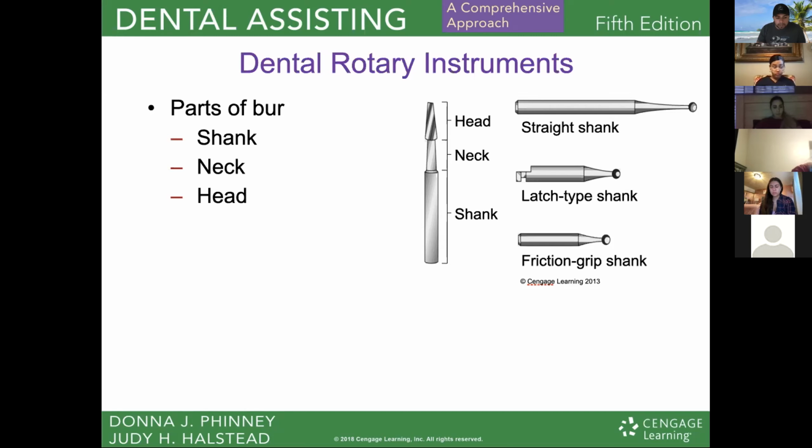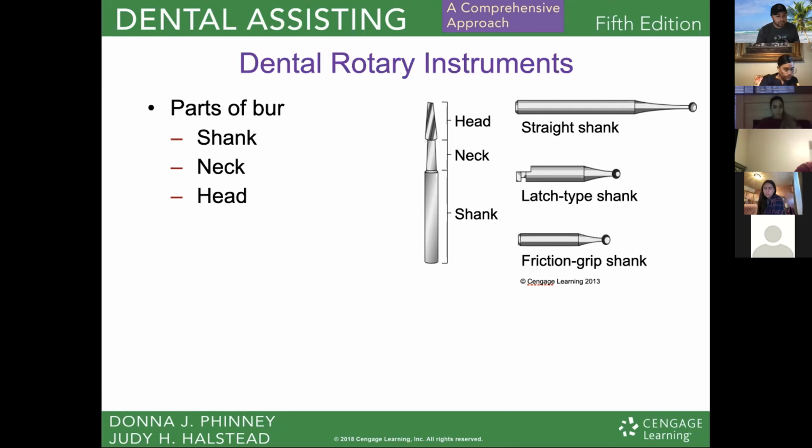You will find burrs not only used chairside, but also in dental laboratories. There are certain burrs designed to go inside of the mouth, and certain burrs that are used table side or lab side, where we work with burrs in our hands instead of in the patient's mouth.